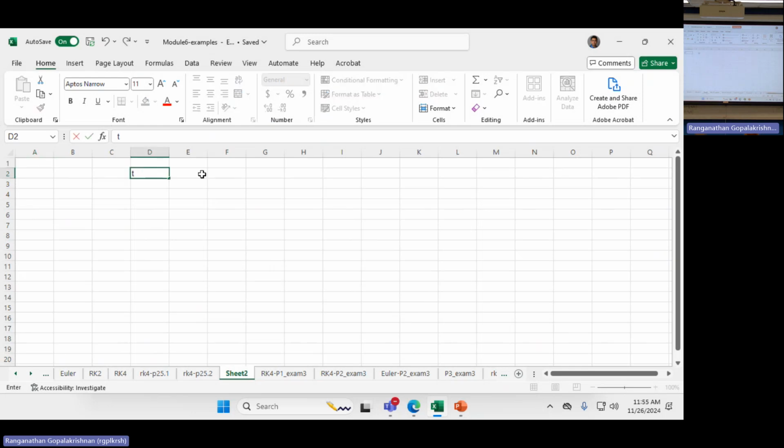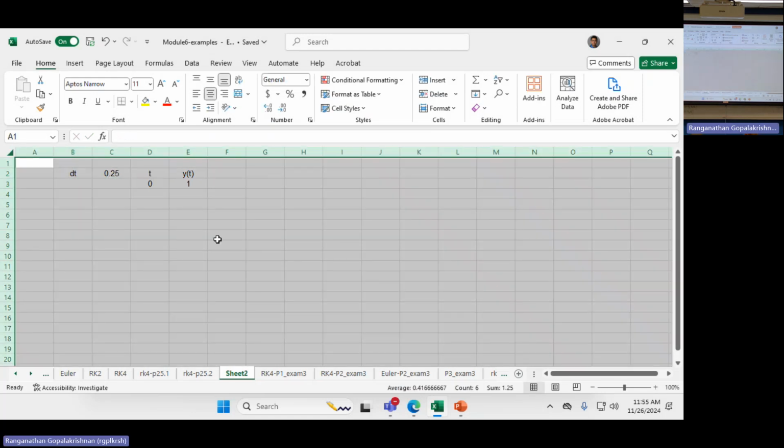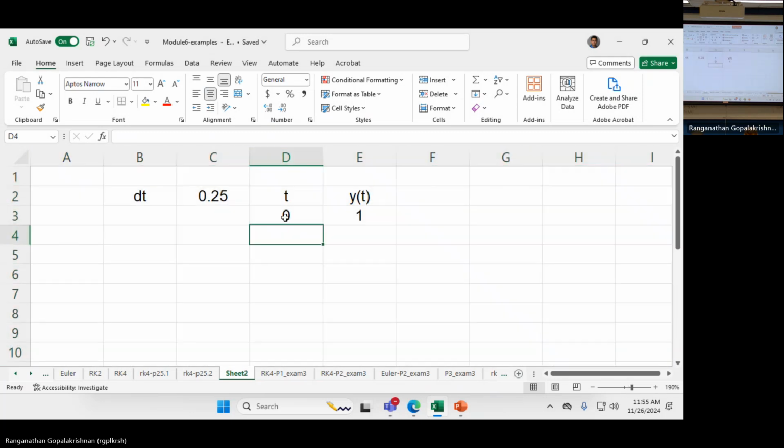So I'll say time, and then y of t. At time 0, y of t is 1, and my dt is going to be 0.25. This is where you will start.